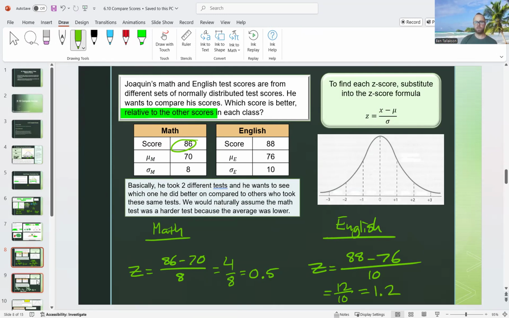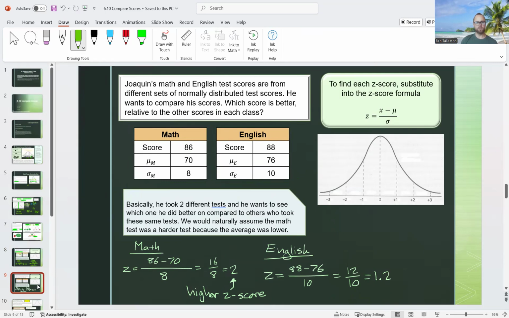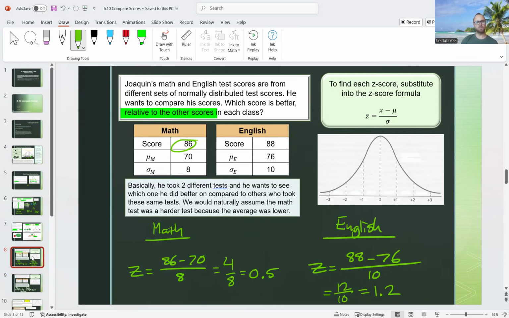Okay, let me check if I did that correctly. Oh, I got this one incorrect. Or did I? Let's see. 86 minus 70 for 8s. Something was entered incorrectly. Oh, that should have been 16.